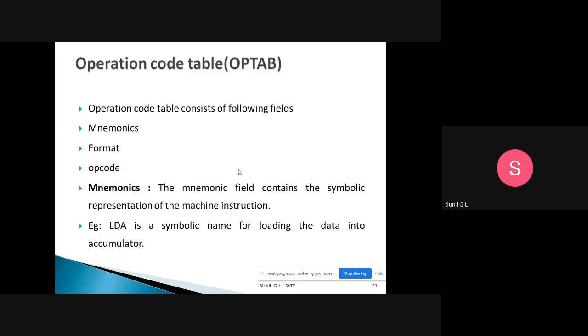Those instructions we call mnemonics. For example, LDA is a symbolic name for loading data into the accumulator. So the mnemonic field is a representation of an instruction. That is the first one.